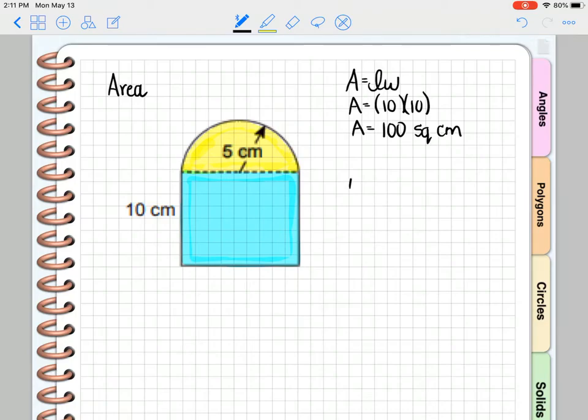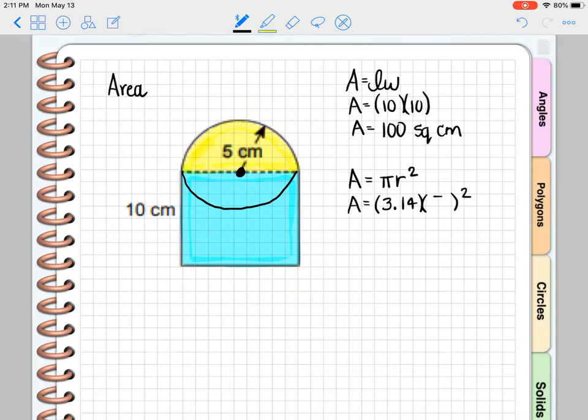Okay, an area for a circle is pi r squared. So A equals pi. And you are looking at your radius here. If you imagine that the circle continues down here, there's the center point. So we are looking at the radius.